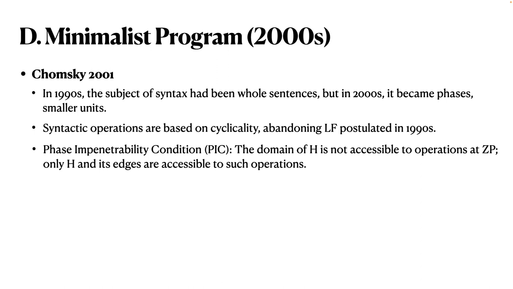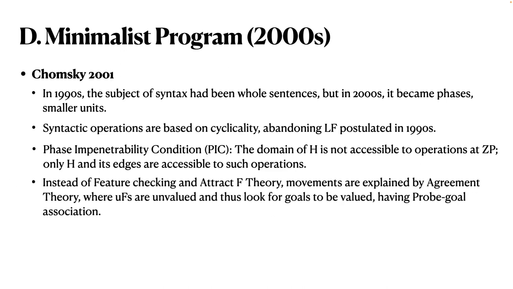This is in line with the economy pursued by the minimalist program, in that it reduces the cognitive burden required for calculation. Meanwhile, in the 1990s, movement and agreement were explained by feature checking and Attract F theory, but the agreement theory presented in Chomsky 2001 discarded these theories and explained movement through agreement.